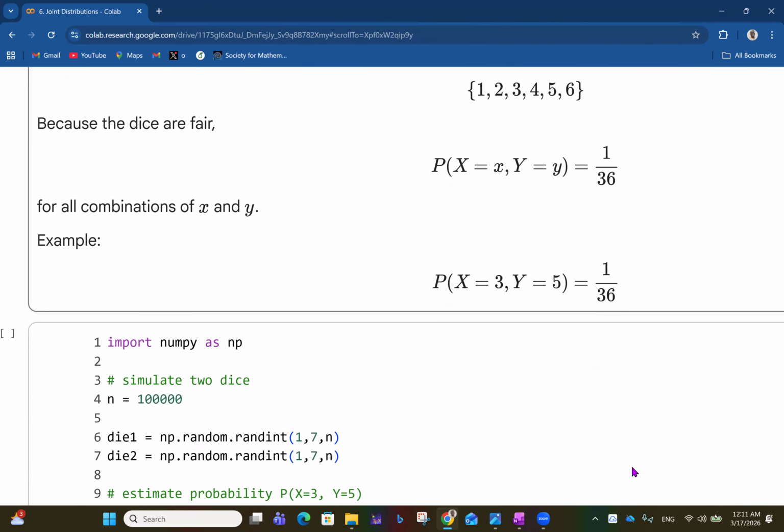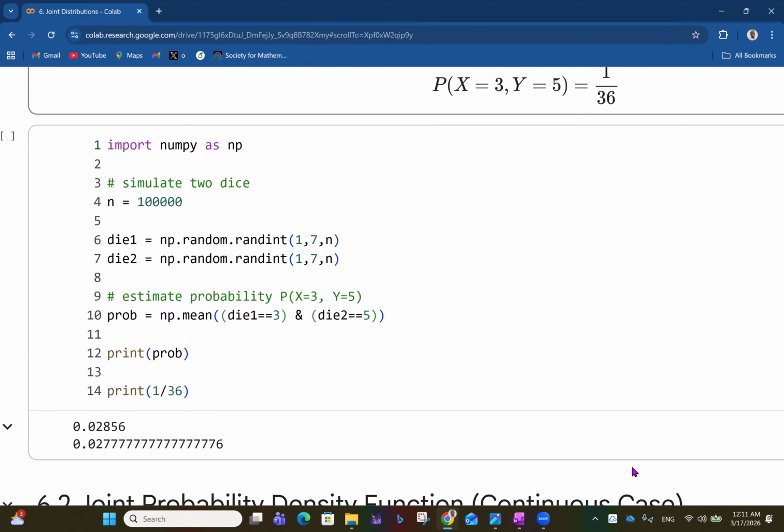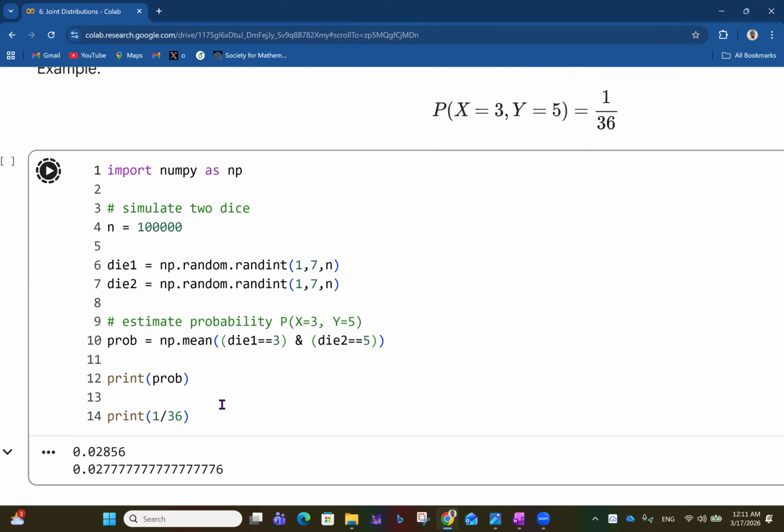If we simulate that and run this now, you get 0.02856. So what do we do here? Imagine you are doing 100,000 simulations for die one, and you have values from 1 to 7.